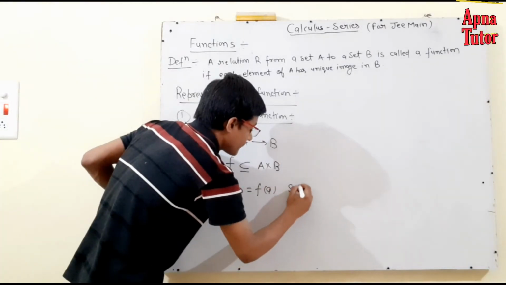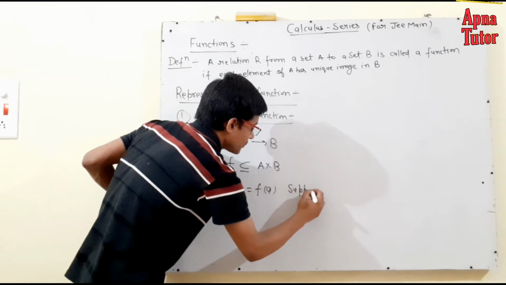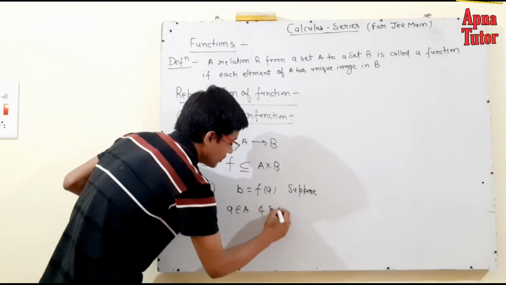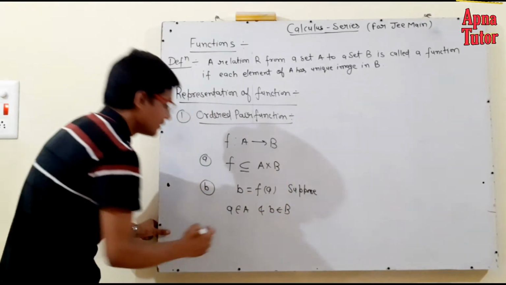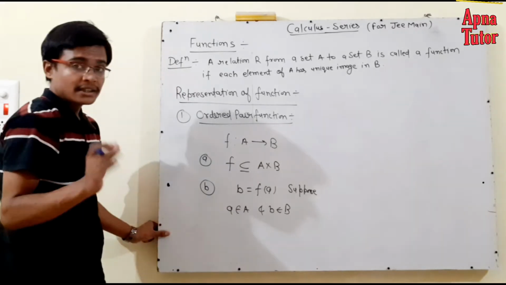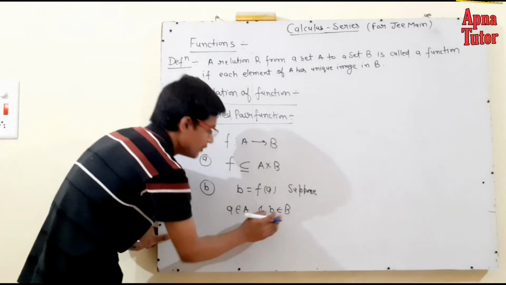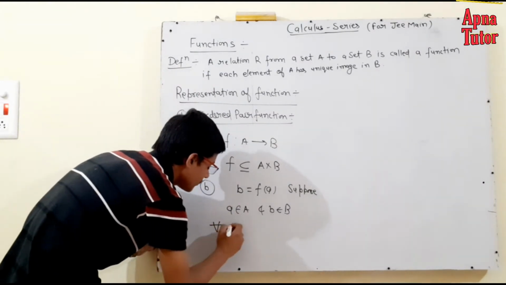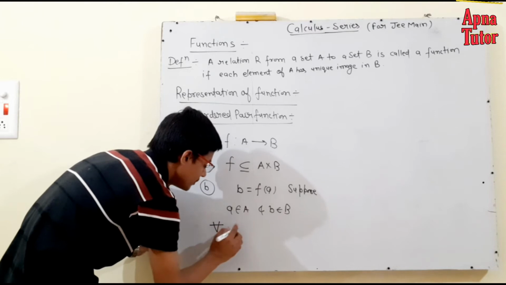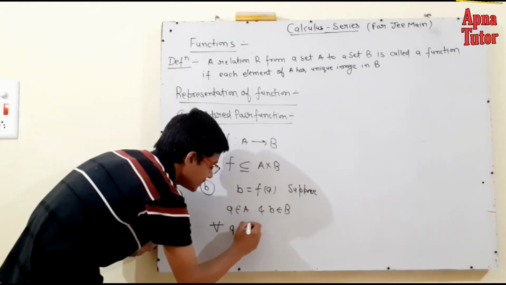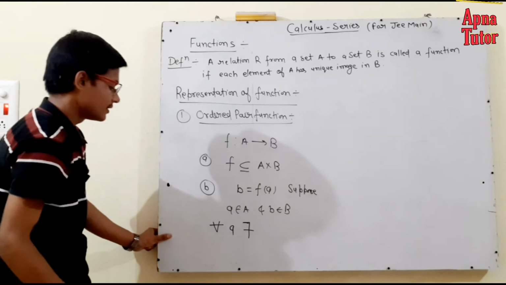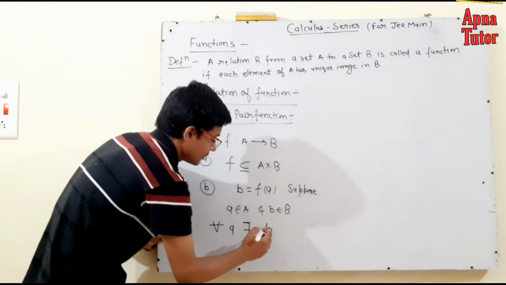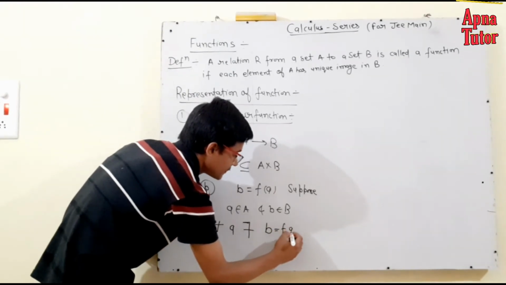Suppose a belongs to A and b belongs to B, then there exists a unique value of b. Now you can write it as: for every value of a, there exists a b, this is the sign of there exists, which equals f of a.